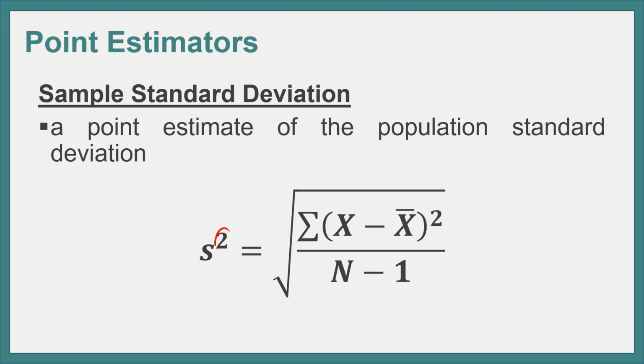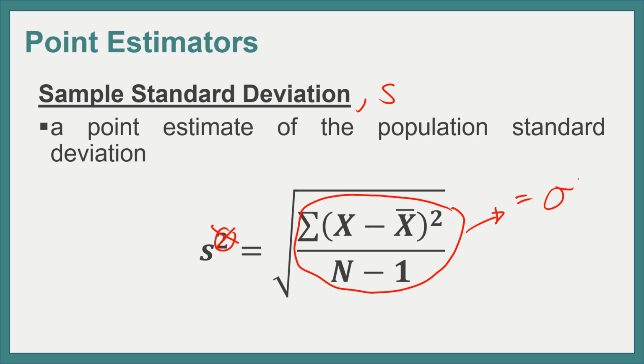There should be no 2 here, so it should be just S. So the standard deviation, whose symbol is S, the sample standard deviation, is equal to the square root of the summation of the mean deviation squared divided by n minus 1. As you can see, the value inside our radical is equal to the sample variance.